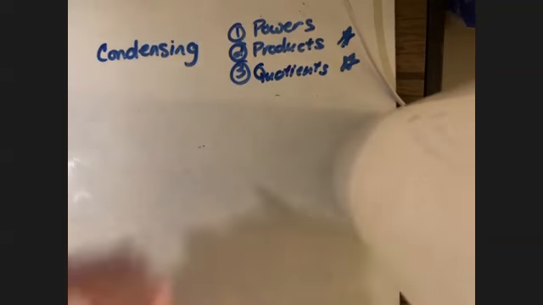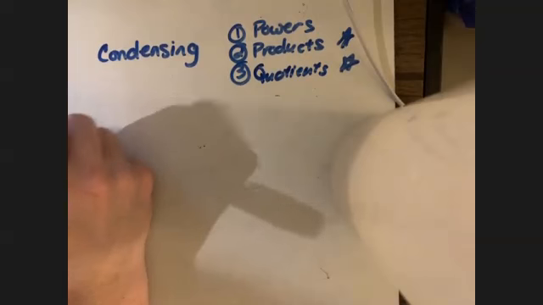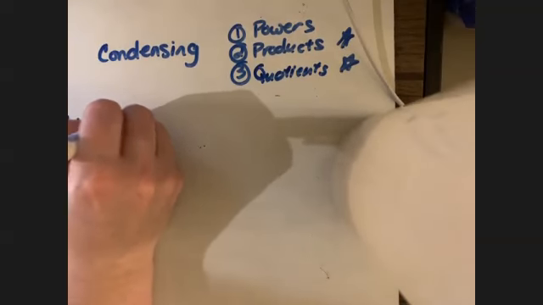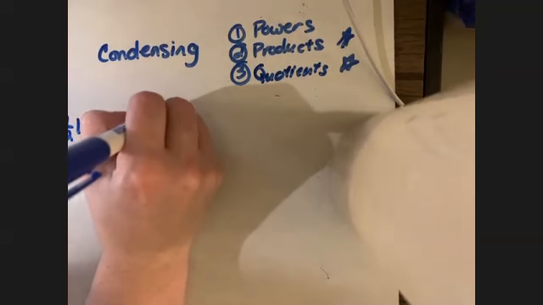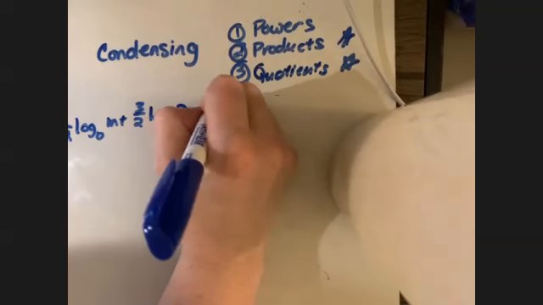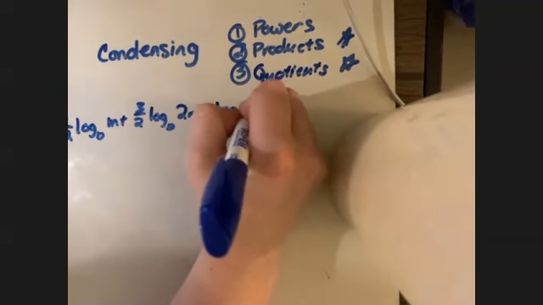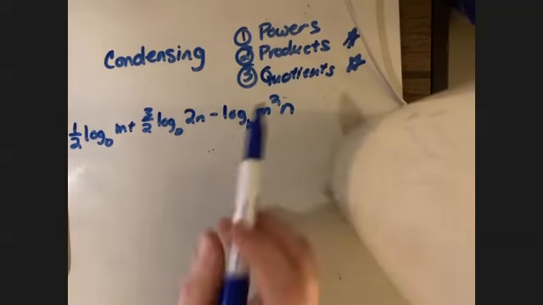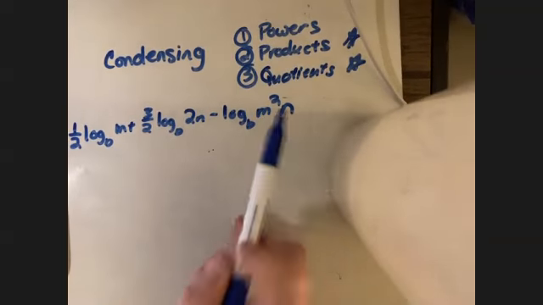And we'll do one more that kind of has a little bit of everything in it. So we're going to have 1/2 log base b of m plus 3/2 log base b of 2n minus log base b of m squared n. Now, I'll be the first one to tell you, this does not normally happen, okay?